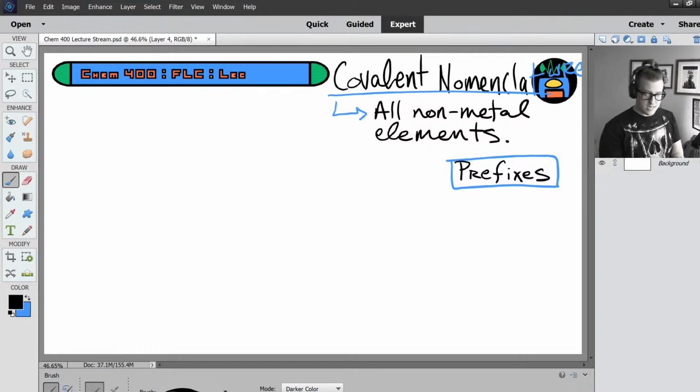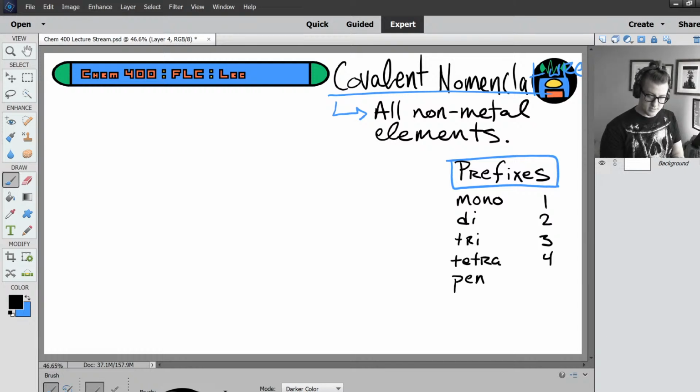Now, mono means there's one. Di means there's two. Tri means three. Tetra, that might be a new one to you, is four. Penta is five.